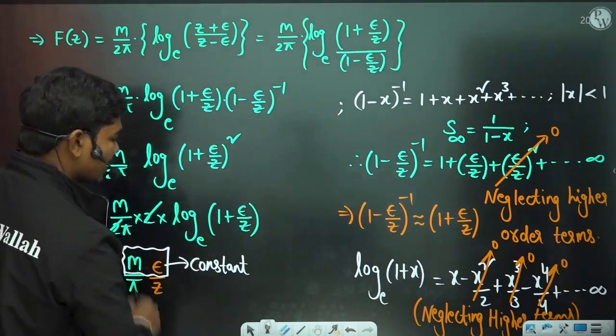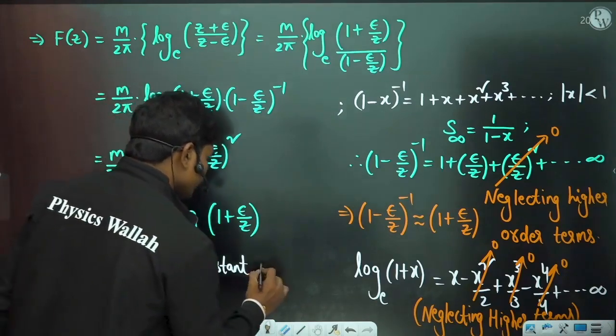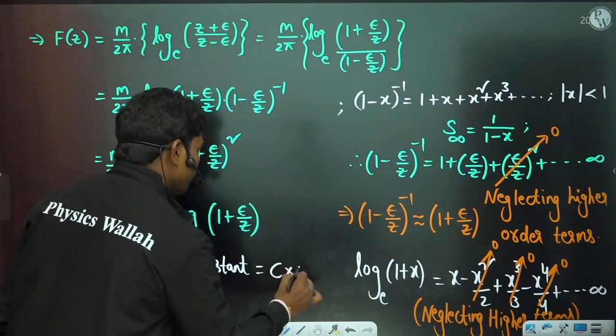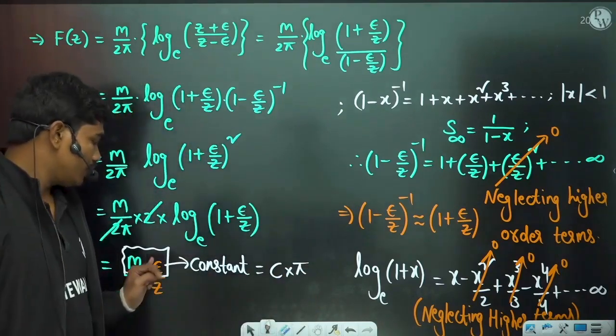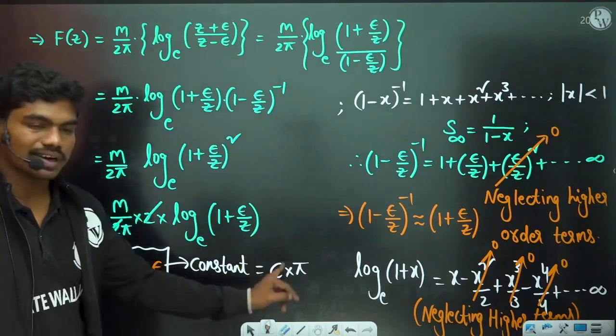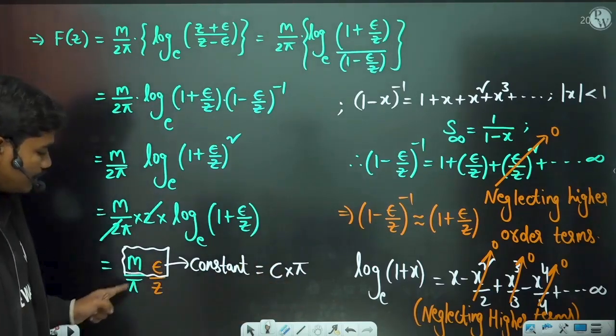This constant can be written as some c into pi, correct? This multiplication can be written as some constant value into pi, because my main aim is to eliminate the pi.